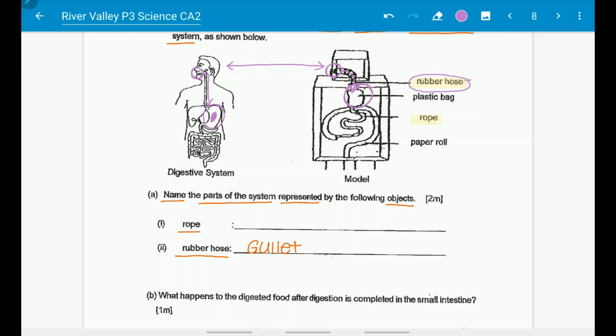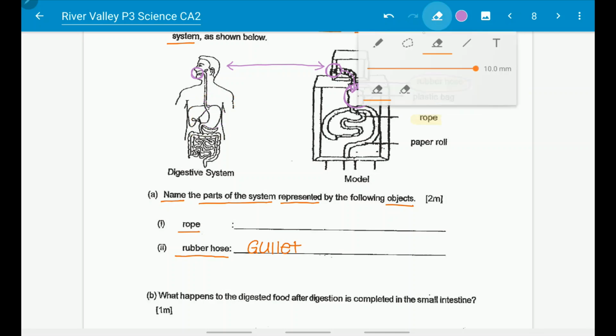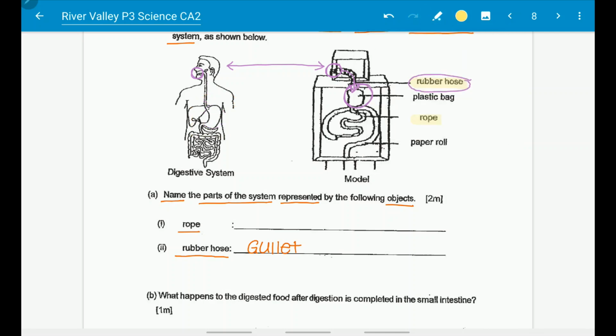But that's not what we are looking at. We want to see what the rope is. Immediately from the plastic bag in Andrew's model, it is connected to the hose. Where does the food go immediately after it's digested in the stomach?